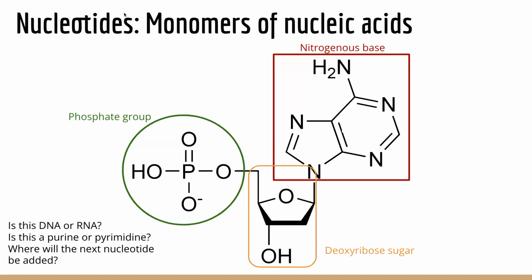Okay. And this nucleotide is a purine, right? Because purines are the nitrogenous bases that have 2 of these hexagon structures, and pyrimidines have 1. And the next nucleotide is added here at that 3' carbon where the OH is.